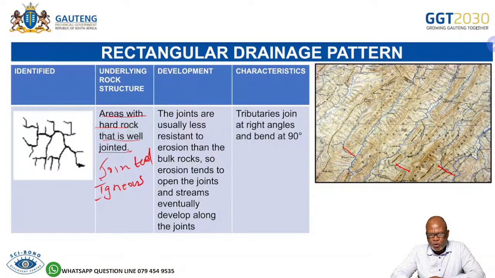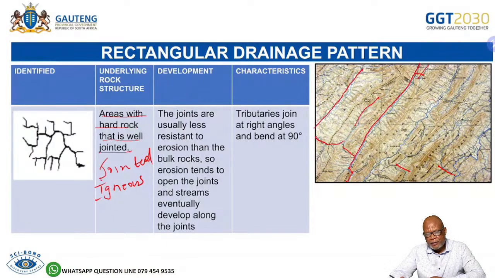You can see the mainstream having a 90 degree bend along its course, and the tributaries also joining the mainstream at 90 degrees. This is a natural feature, but you can see it is trying to have those 90 degree bends along its course.